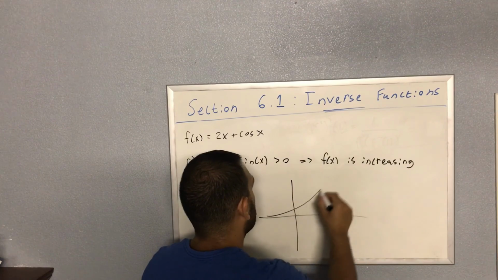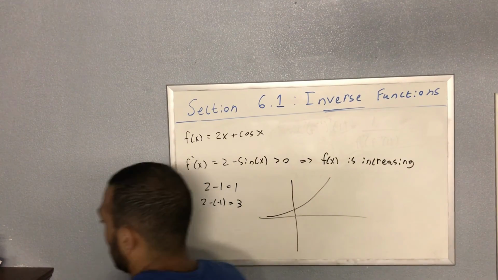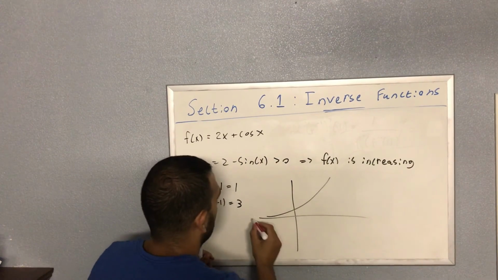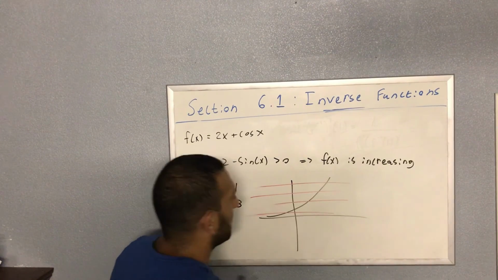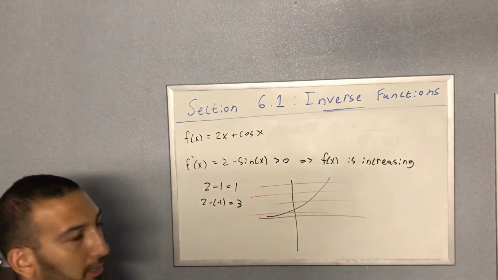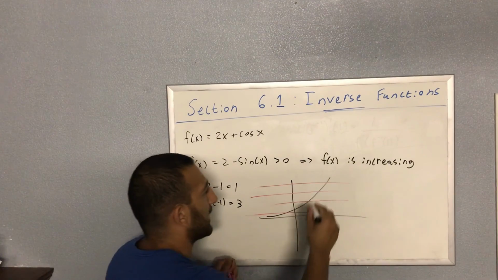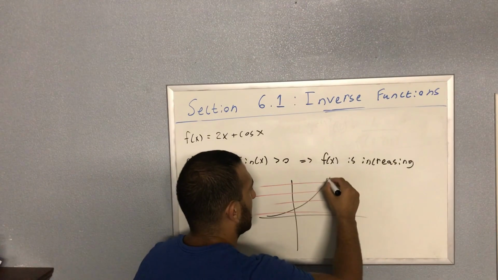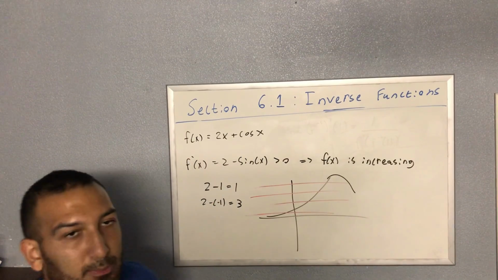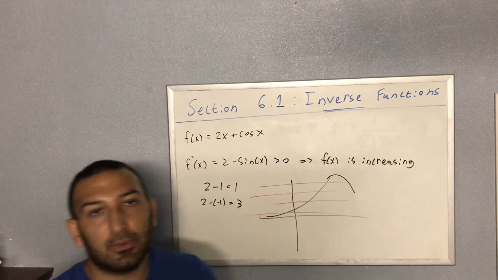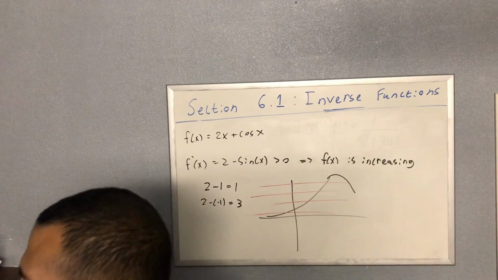If a function's always increasing, then no matter what horizontal line you draw, it will only touch the function at one point, because it can't loop back down. So that was a small theoretical reason why we knew that it did have an inverse.